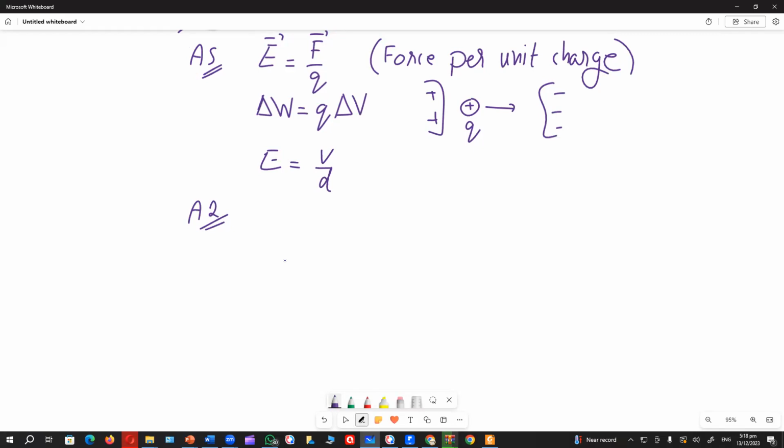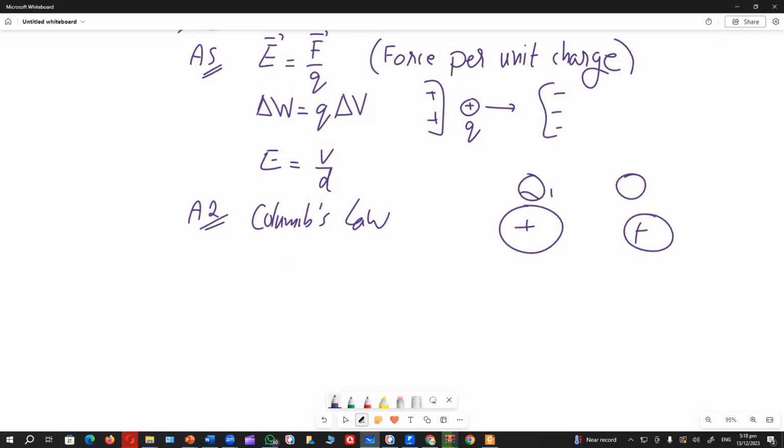They are chapter-wise notes. Now, the A2 version of this chapter starts with a very important law, Coulomb's law. What Coulomb's law says is that there are two charges, suppose both are positive.